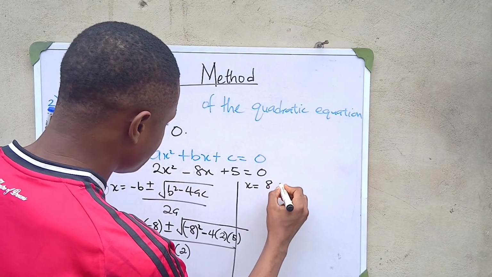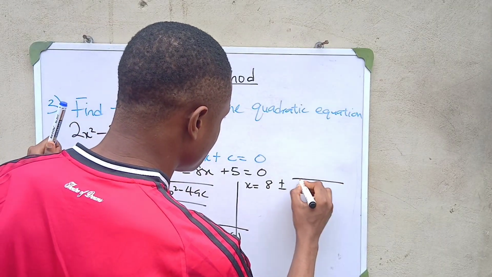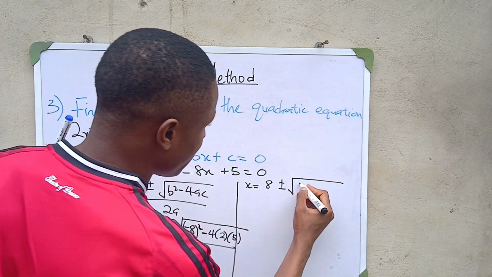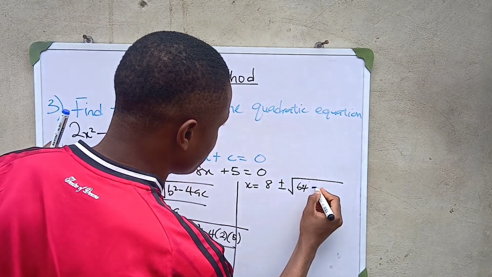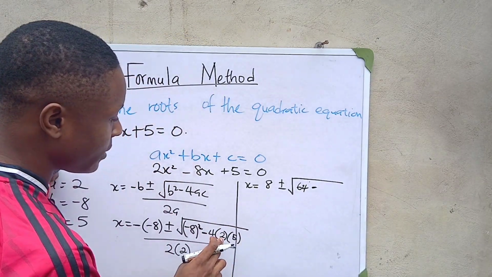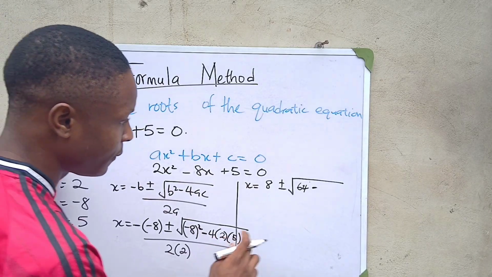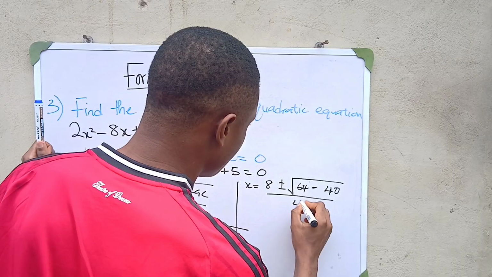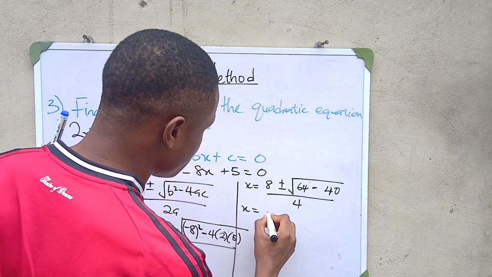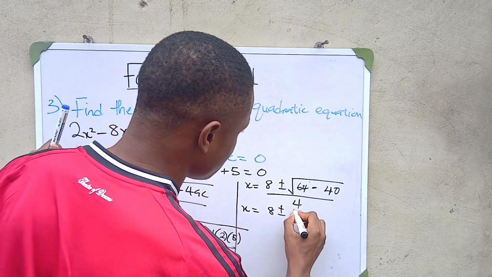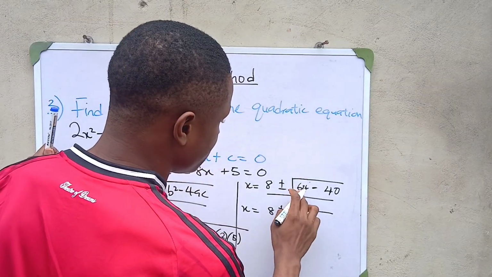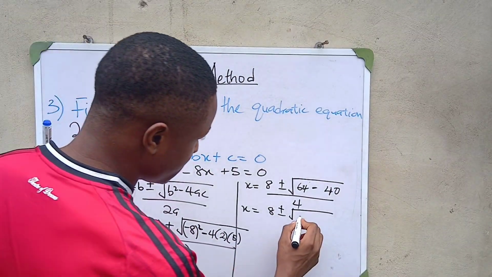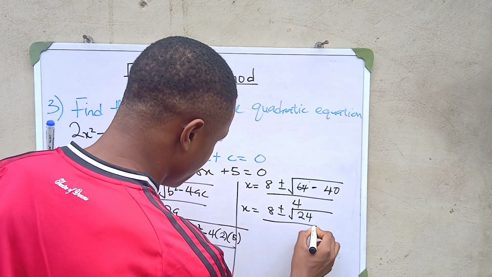So we have 8 plus or minus square root of, minus 8 square is 64. So we have 64 minus 4 times 2, 8. 8 times 5, 40. 40 all over 4. So our x is equal to 8 plus or minus square root of 64 minus 40. 64 minus 40 is 24 all over 4.